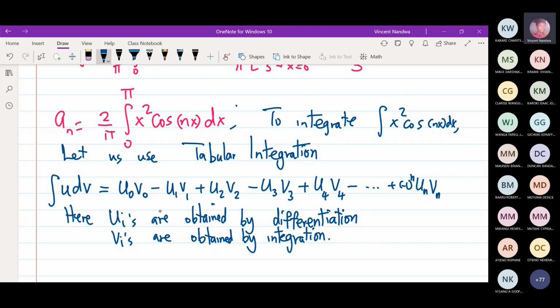And then we stop when ui gives us 0 value.